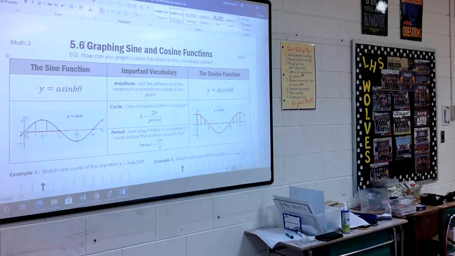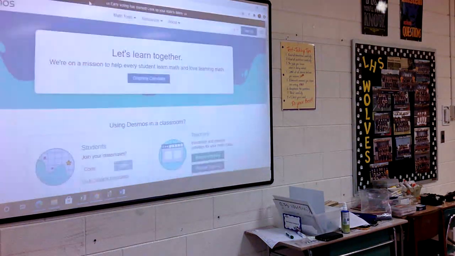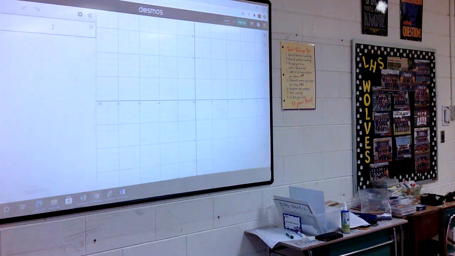So if I go to Desmos right away and I put in y equals the sine of x, you'll see that graph. You see it goes through the point 0, 0.